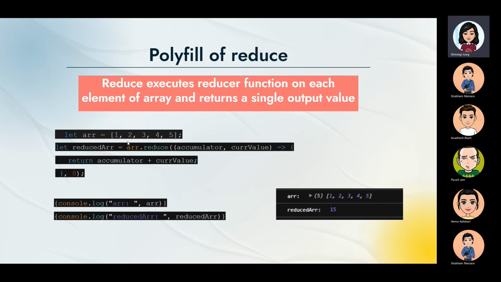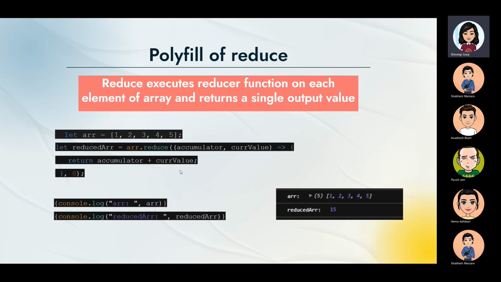So this is an array with values 1, 2, 3, 4, 5, and I'm using the reduce function. In the callback, I'm passing two values, accumulator and current value. The accumulator is called the accumulator because it stores the result after each iteration.